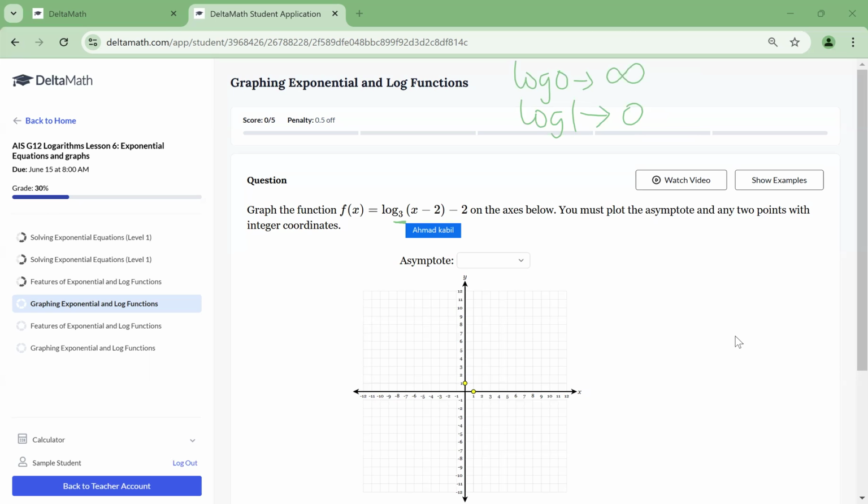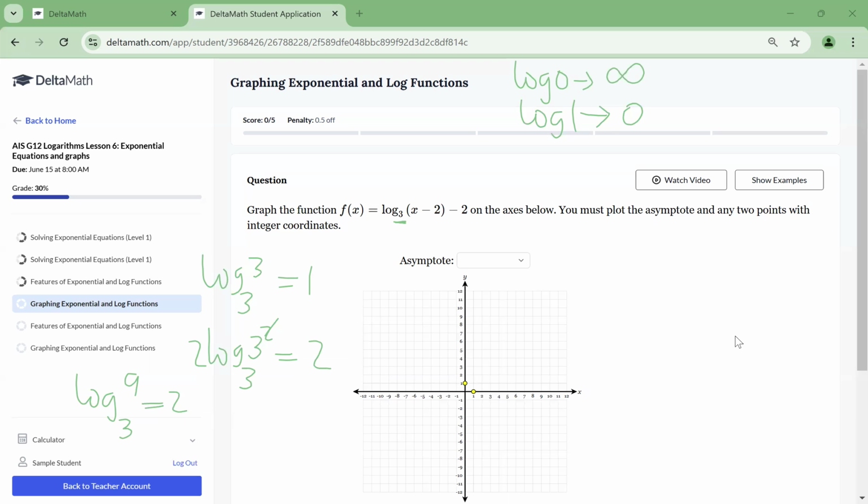Why is that? Because log base 3 of 3, for example, equals 1. Log base 3 of 3 to the power 2, you can just kick out the power, so this gives us 2. And log base 3 of 3 squared is the same as log 9, base 3, so this gives us 2.